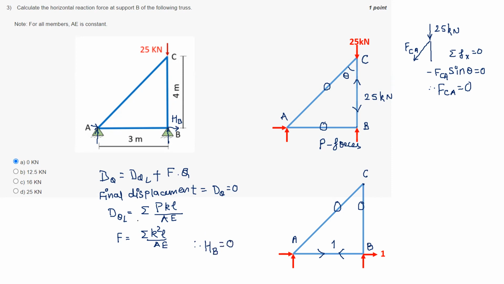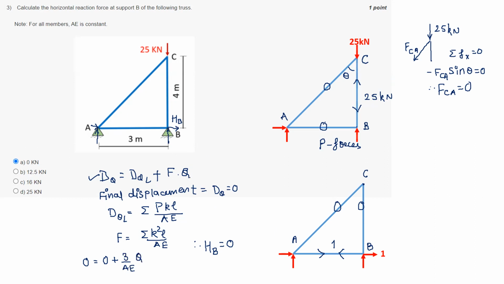So we will get the value of HB equal to 0, because now if we put 0 in this equation, dql, pkl upon AE, we have 0 plus k square L, k is 1 in this only. So L we have 3, so plus 3 upon EI, and then AE into Q.